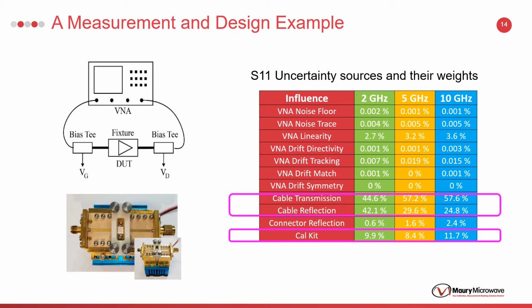The analysis of such budget is done using again software tools such as VNA Tools or Maury's Insight software. And the benefit of this budget analysis is once we know where the largest uncertainties in our measurement are coming from, we can try to reduce them accordingly.